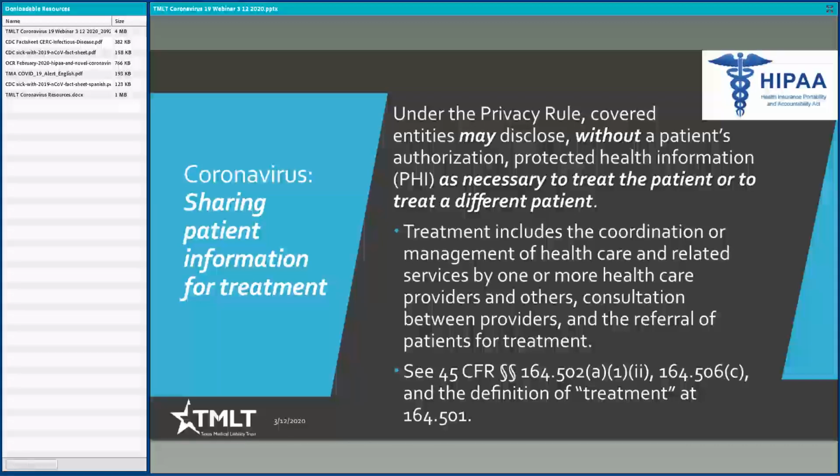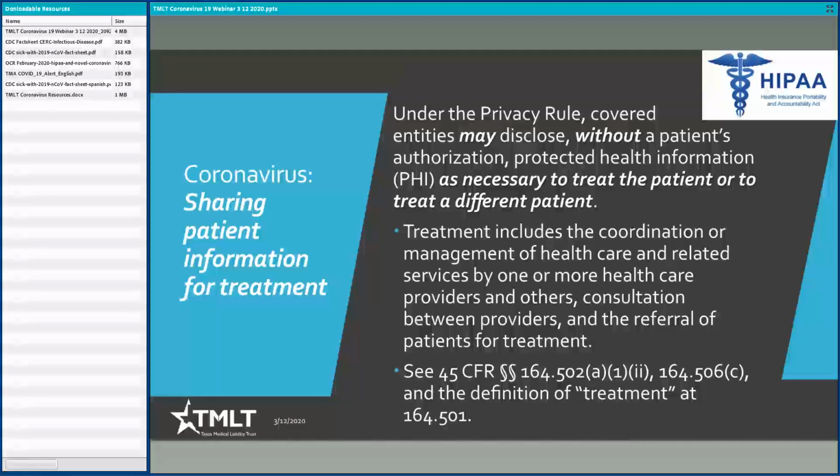Under the HIPAA privacy rule, covered entities may disclose without a patient's authorization protected health information that is necessary to treat the patient or treat a different patient.